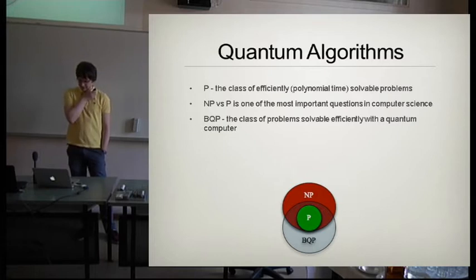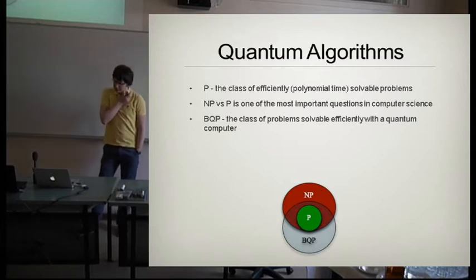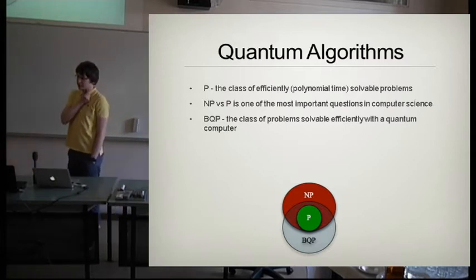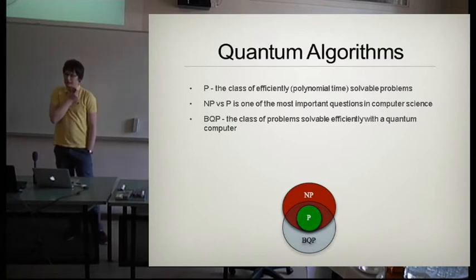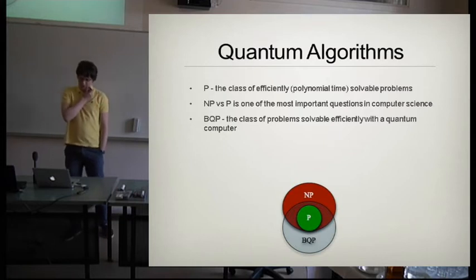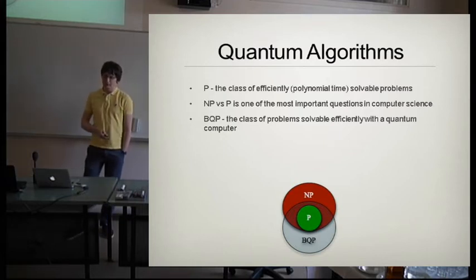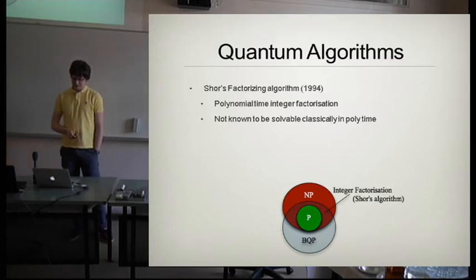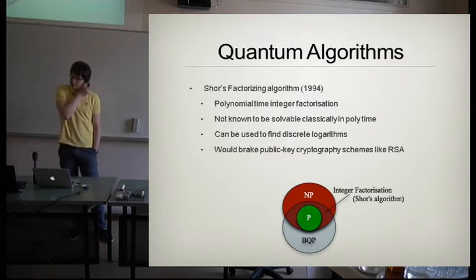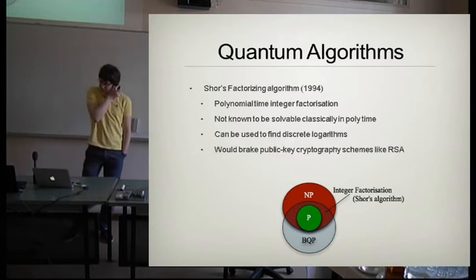So quantum computing is interesting because we have some algorithms, like Shor's factorizing algorithm, that is not known to be solved classically, but can be solved quantumly. And this is the polynomial time integer factorization. It has some generalizations. It can also be used to find discrete logarithms. And one of its importances is that it would break some public key cryptosystems.